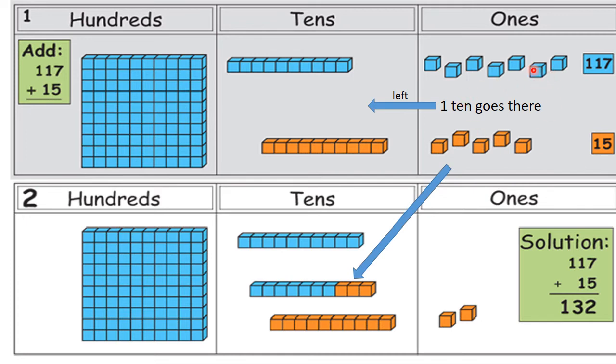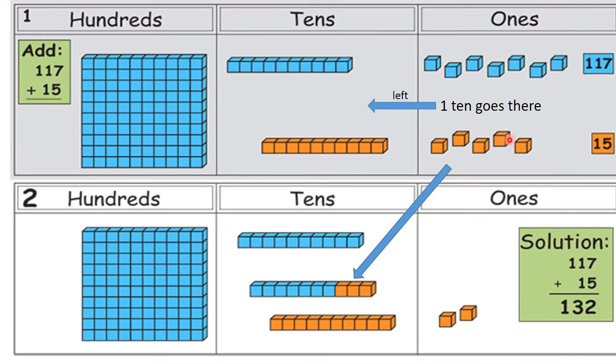12 ones is a very big amount. You can have 1 ones, 2 ones, 3 ones, 4 ones, 6 ones, 7 ones, 8 ones, 9 ones. 10 ones actually make 1 ten. You know that, right? 10 ones together make 1 ten.